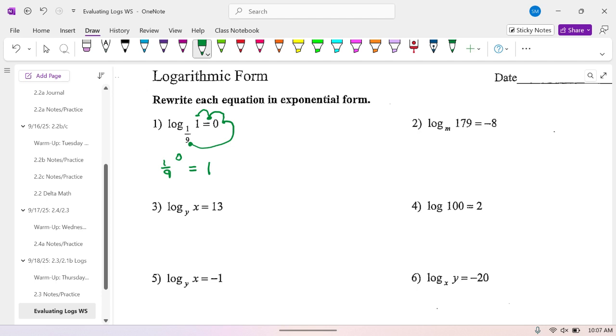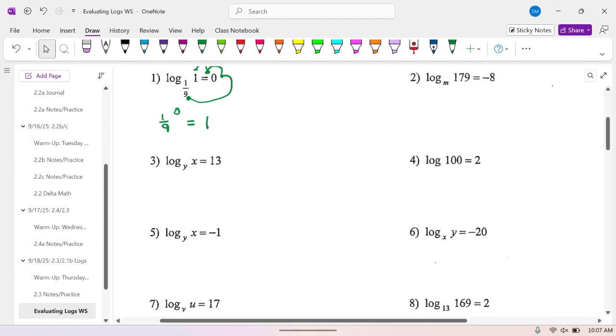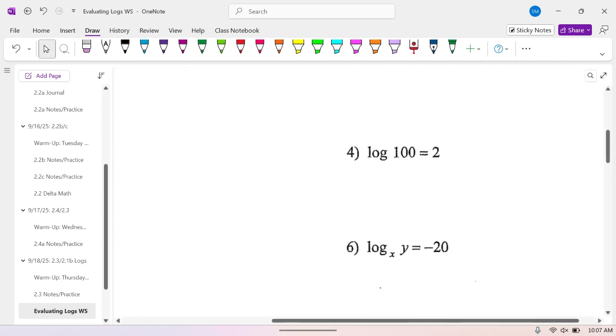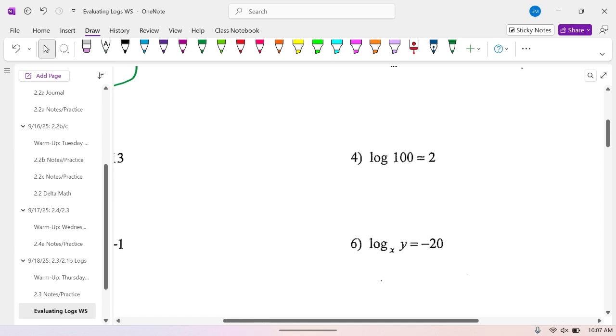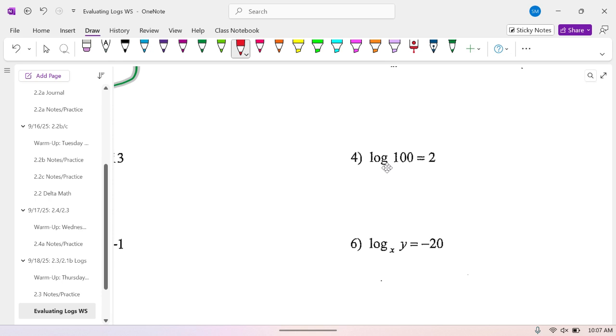All right, so let's try number 4. Where do I start? I put a what? A 10. So remember, this is log of a base 10. So there's an unspoken 10 there. So don't get confused if you don't see the base. You just got to put a little 10. So we start at the 10.